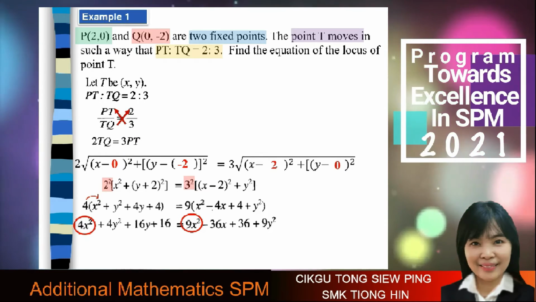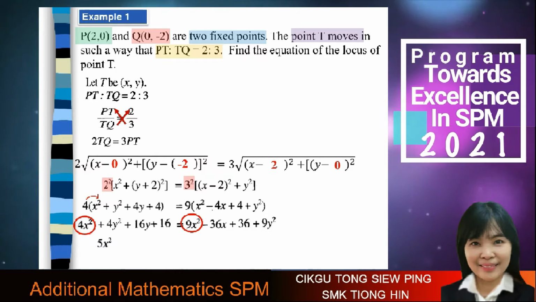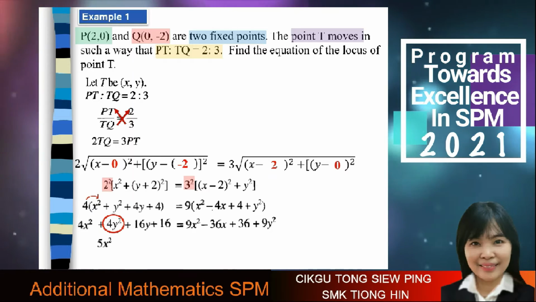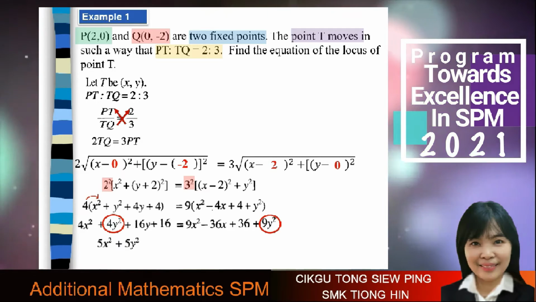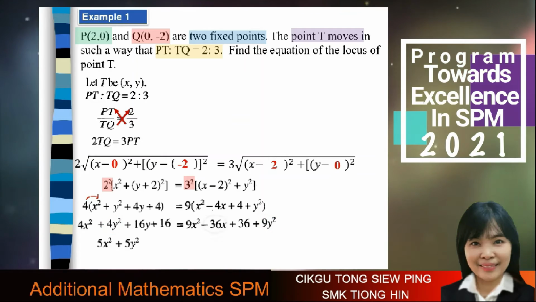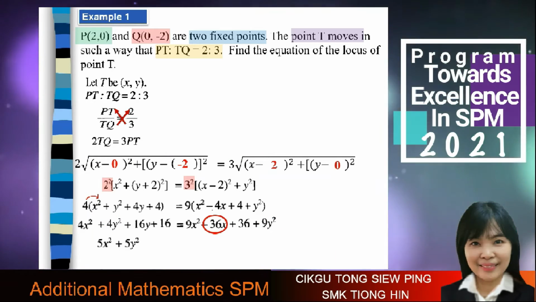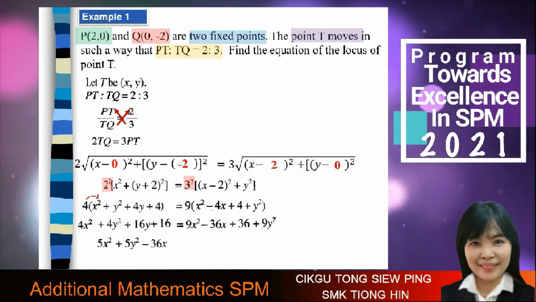So we shift 4x squared to the right hand side, we get 9x squared minus 4x squared, that is 5x squared. Then 4y squared and 9y squared, we get 5y squared. Now, negative 36x, since there is only one, we just copy it as negative 36x.